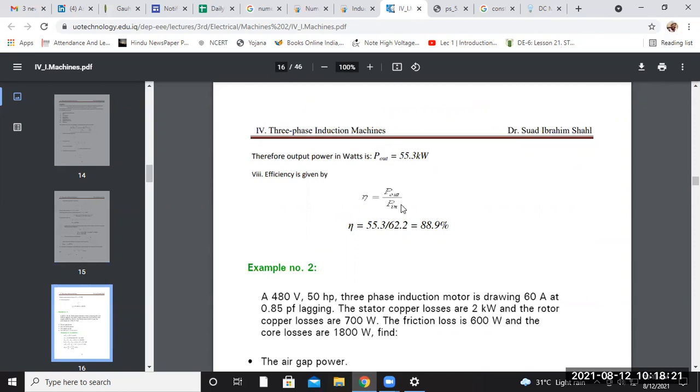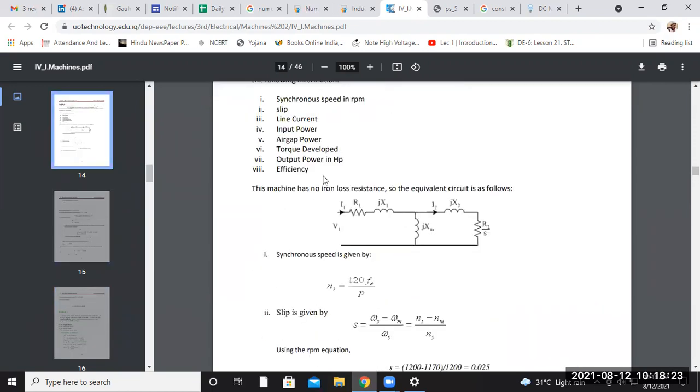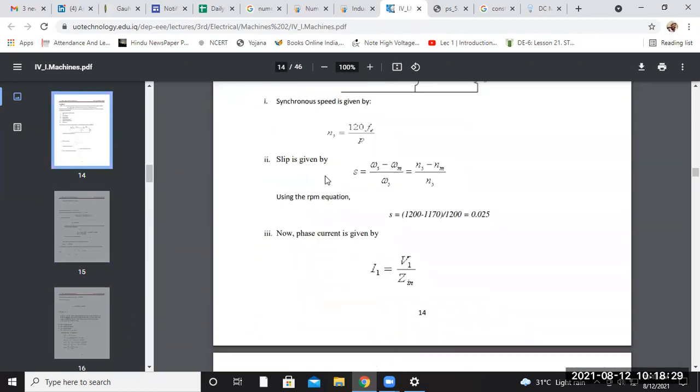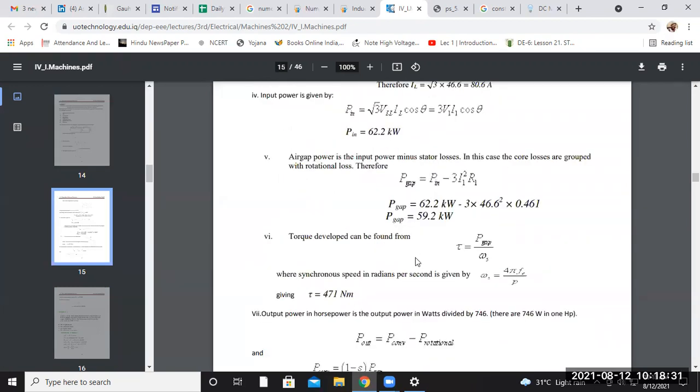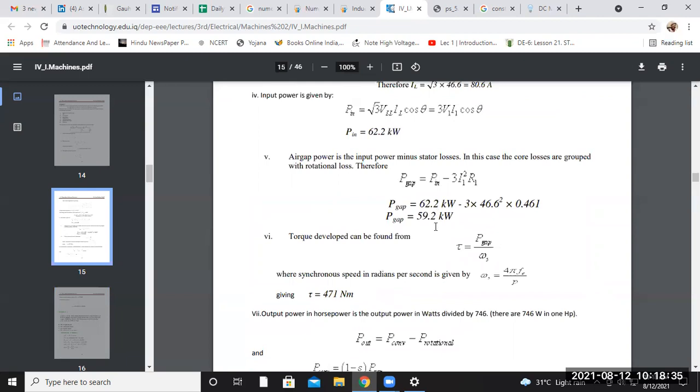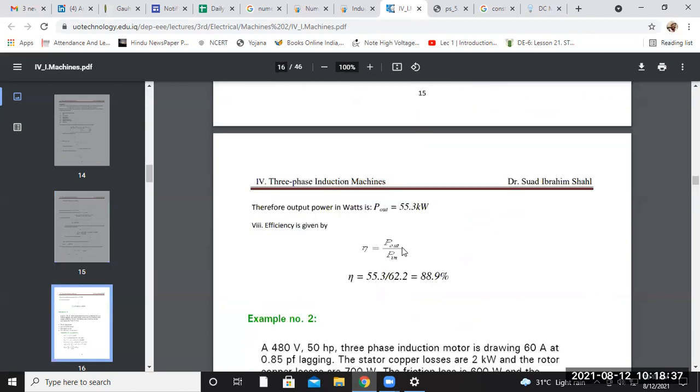So the output power is this one, and the last part is the efficiency. Efficiency is the output upon input. The output power is 55.3, and the input power is 62.2 kilowatts. So just divide those terms, 55.3 divided by 62.2, and you will get the efficiency of the machine as 88.9%.